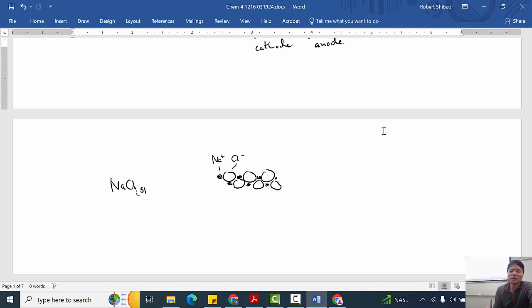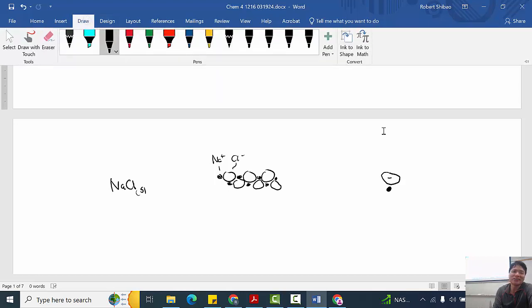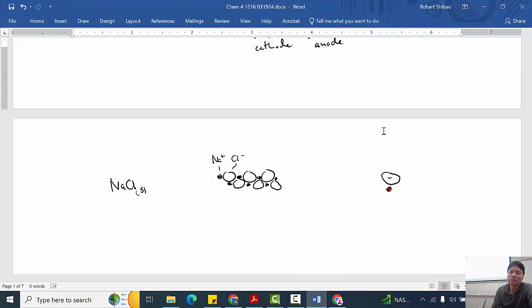In an ionic lattice, if you're a sodium, do you want to just bond with one chloride, or do you want to try to bond with as many chlorides as possible? If you're a sodium here, your charge is positive. Do you want just one negative, or do you want lots of negatives around you? Just one?